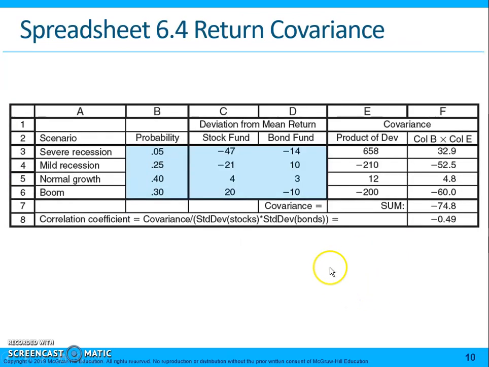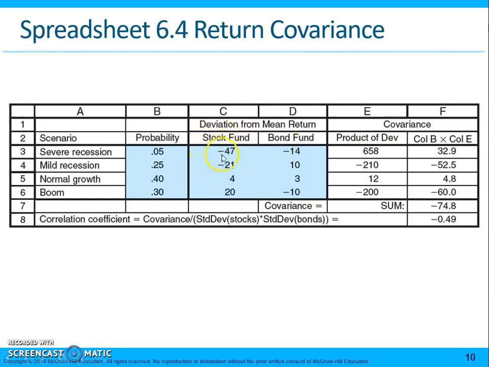So we're going to calculate the covariance and the correlation coefficient for each of these. The covariance is simply the sum of the deviation returns for each the stock fund and the bond fund.